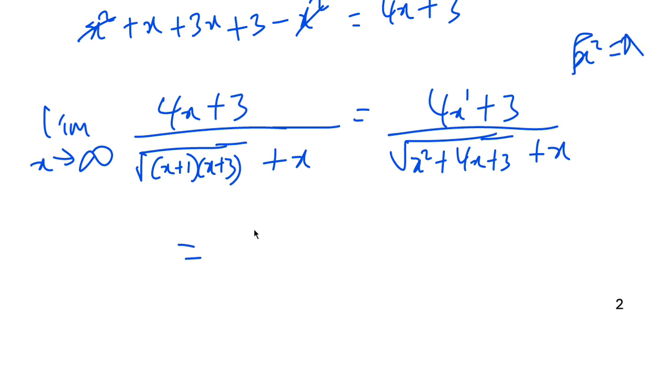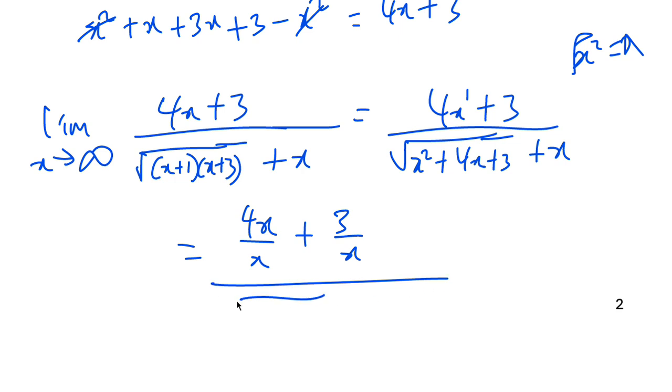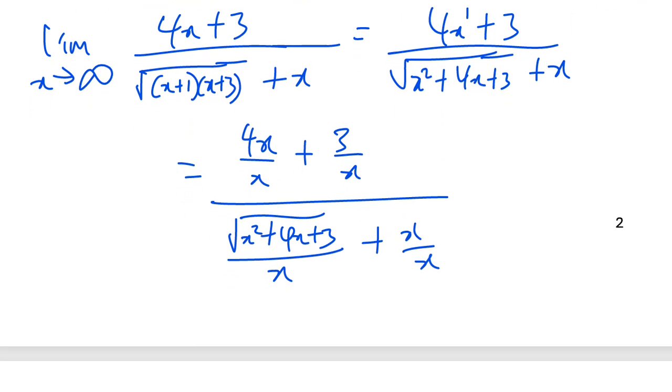So all we then simply do is divide each term by x. That's 4x over x plus 3 over x, over the square root of x squared plus 4x plus 3, all over x, plus x over x.